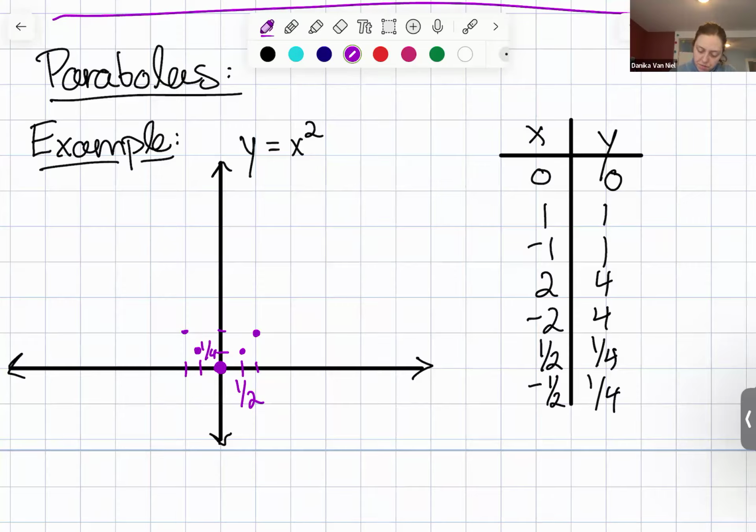Negative 1, 1. 2, we got 1, 2, 3, 4. And you don't always have to draw stuff to scale. I'm just trying to do it at least a bit to scale. All right, here we go.